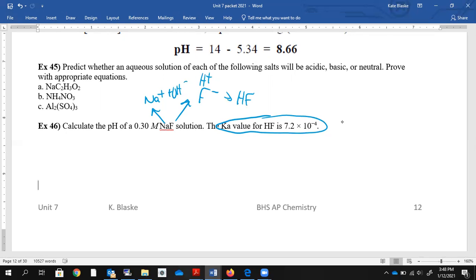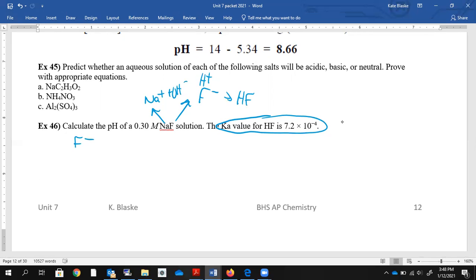It's going to accept some protons from the water and stay HF instead of immediately dissociating again and not changing form too much. So when I write out my balanced equation for this, I'm just going to use the ion from the salt that is important. I'm just going to start with the F minus.